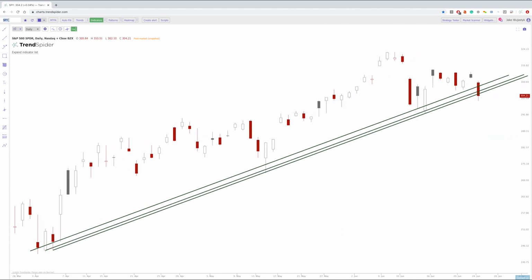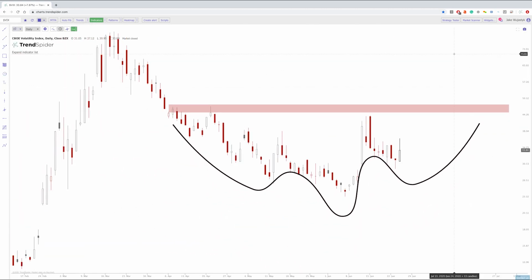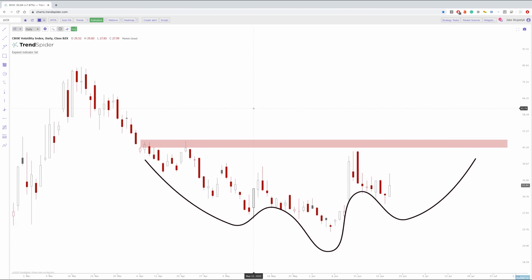So if we go to VIX, we'll see something interesting here, right? We'll see that this would be possibly bearish for VIX, which would be bullish for VIX, which would be bearish for the market. You can kind of see this inverse head and shoulders forming here.